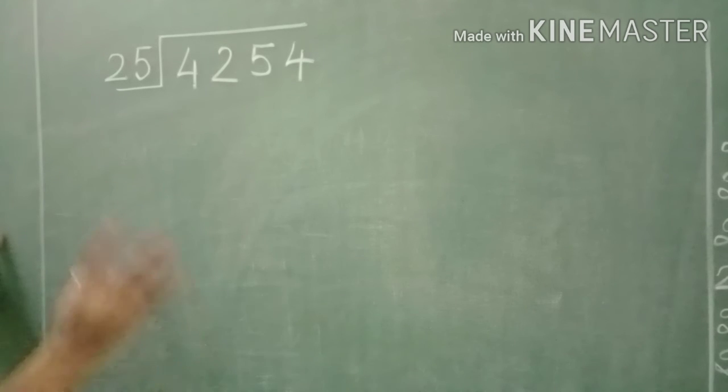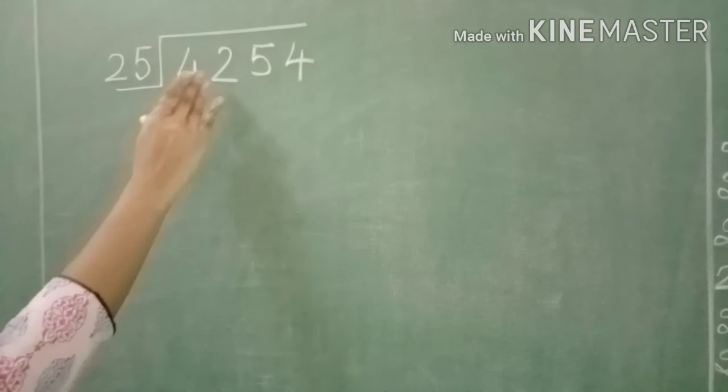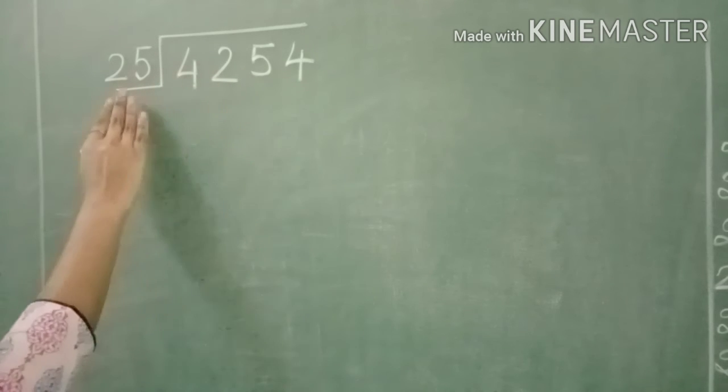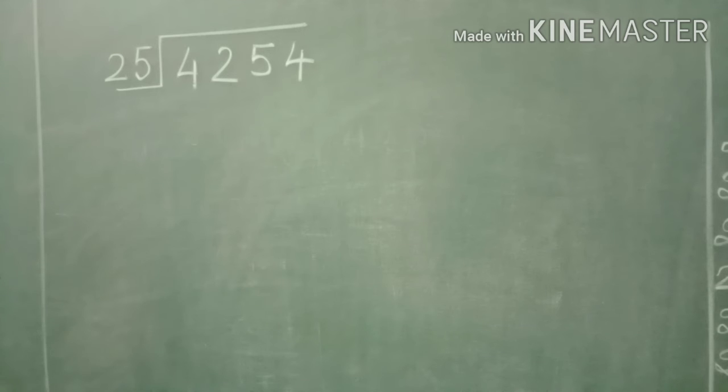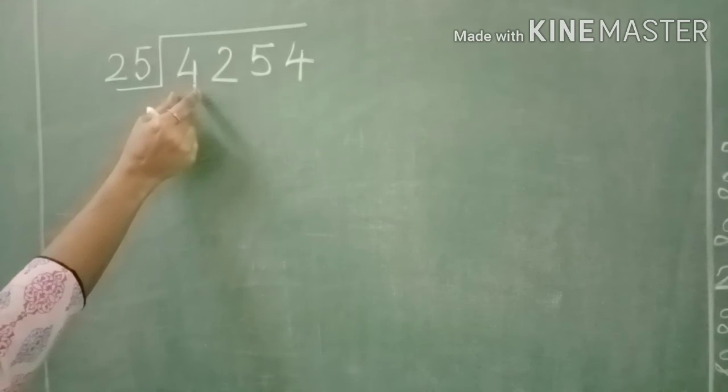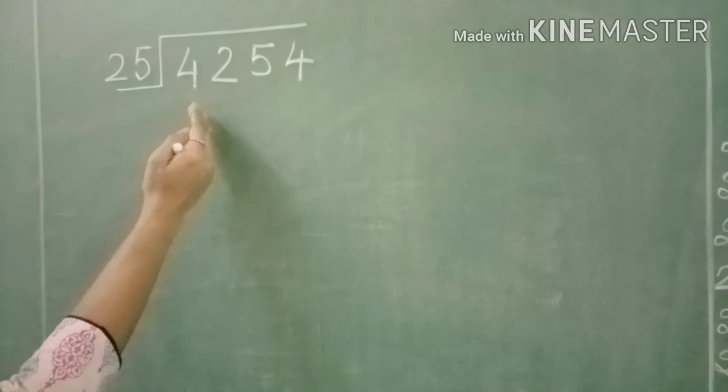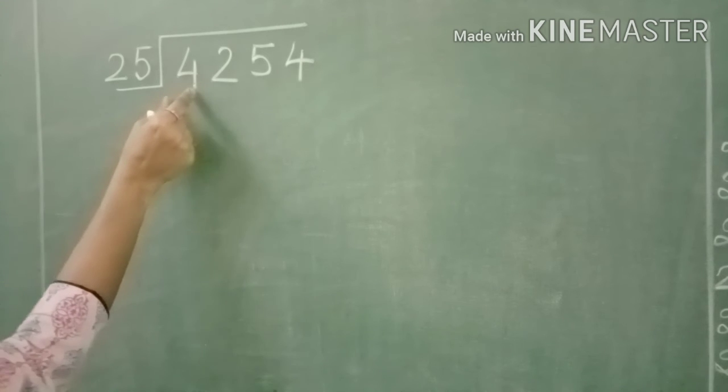After the end of the answer, I will tell you what is called dividend, divisor, quotient, and remainder. So first, 4254 divided by 25. As you can see, we are going to start from the left hand side, not from the right hand side.